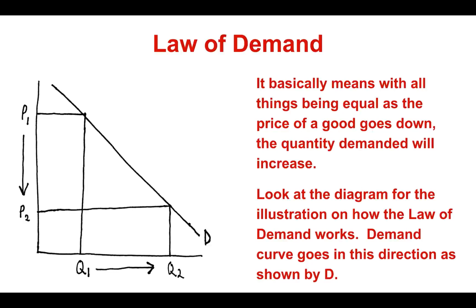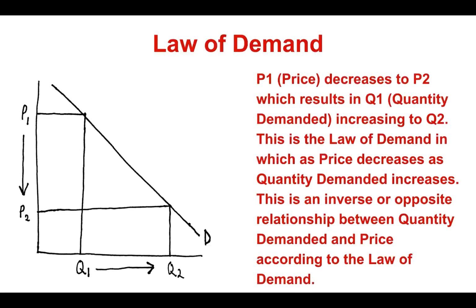It basically means with all things being equal, as the price of the good goes down in this scenario, the quantity demanded will increase. So we're going to look at the diagram right here, and again you will look at your demand line right here.